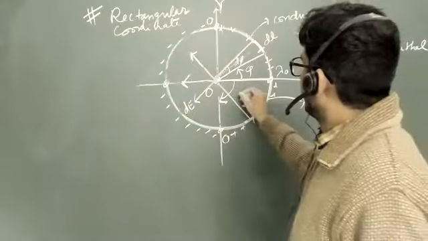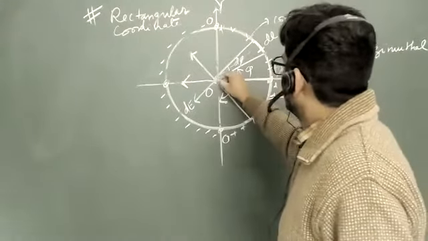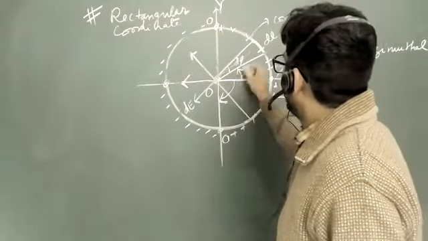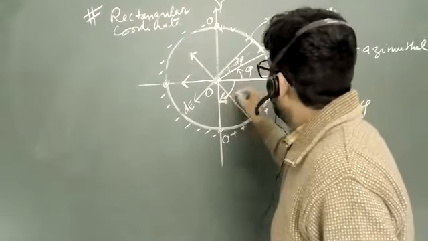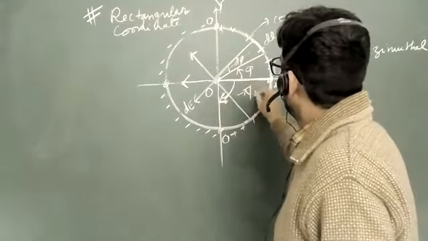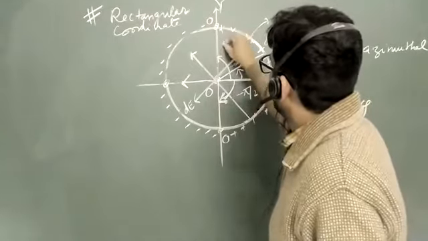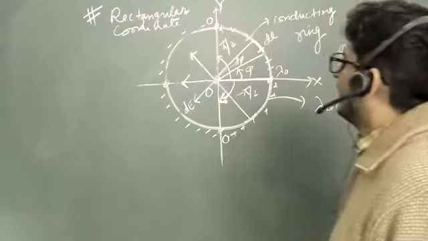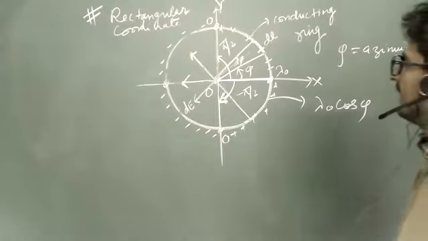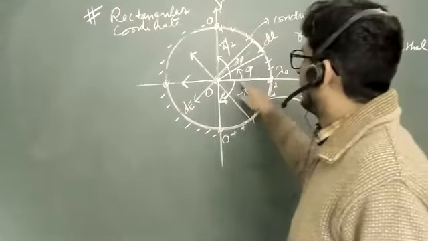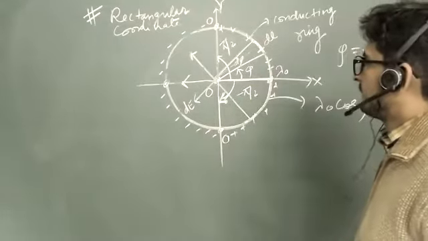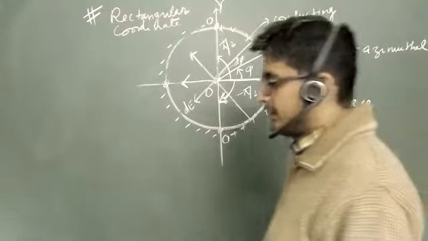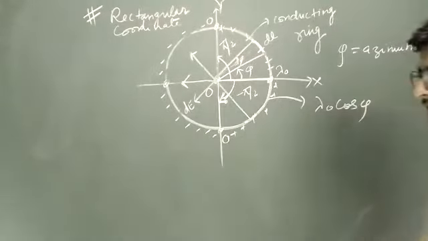Sir, from minus pi by 2 to plus pi by 2. Please see this, this is phi. If you are coming this side, you are minus pi by 2, and if you are going this side, you are plus pi by 2. So first of all, let us handle all the components because of this. Okay? Let us integrate it, everybody.